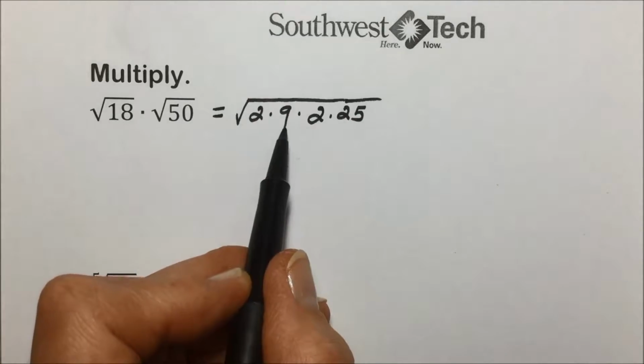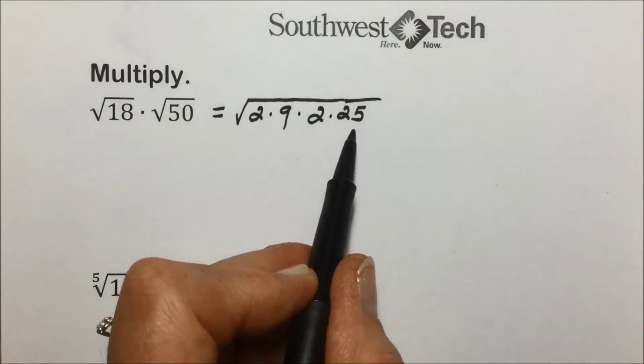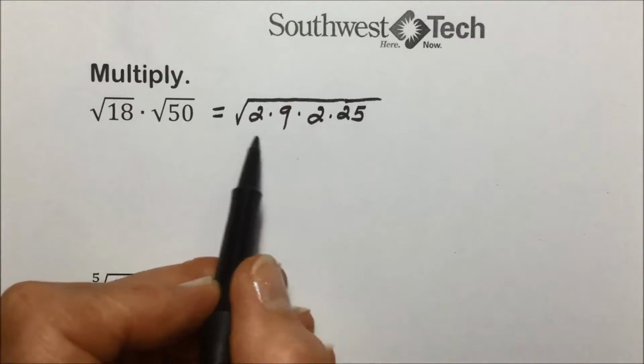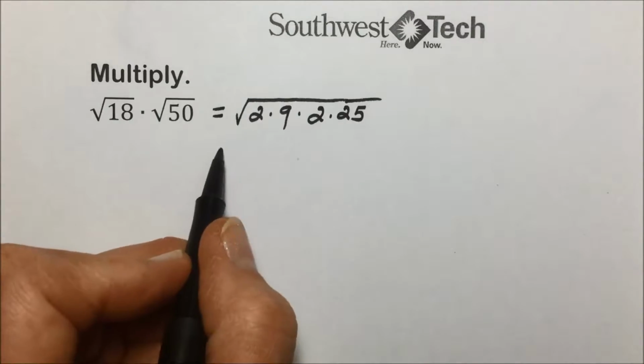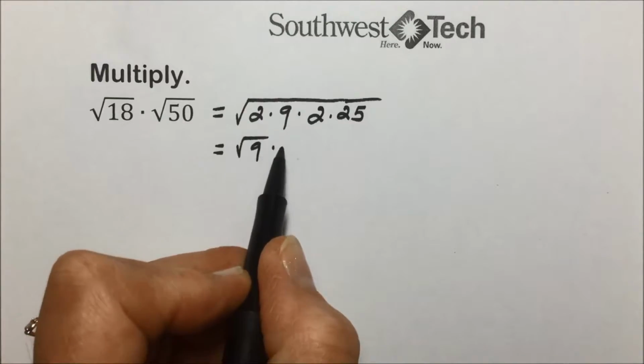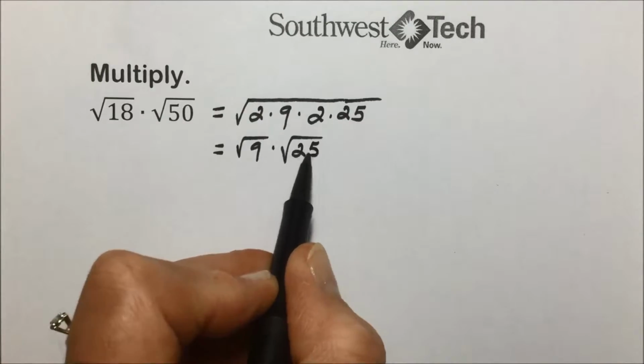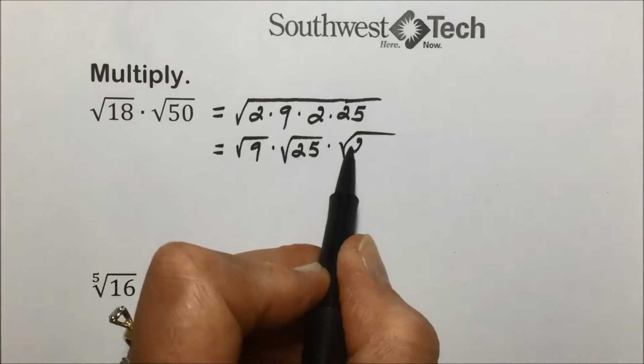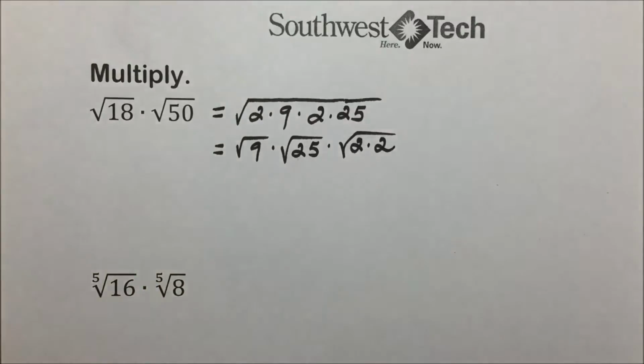9 is a perfect square. 25 is a perfect square. And I have a pair of 2's. So I can now take the square root of 9, the square root of 25, and the square root of that pair of 2's, which is a perfect square.